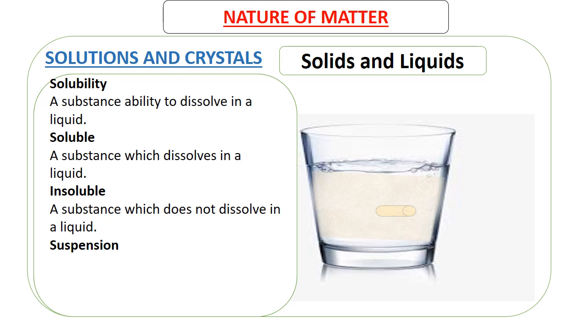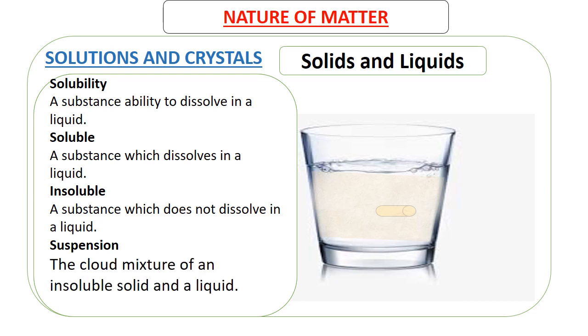So what this means is there are small particles of meal, if it's meal, or chalk, if it's chalk powder, which are suspended in the solvent and not dissolving. Such a mixture is called a suspension, and it can be defined as the cloudy mixture of an insoluble solid and a liquid.